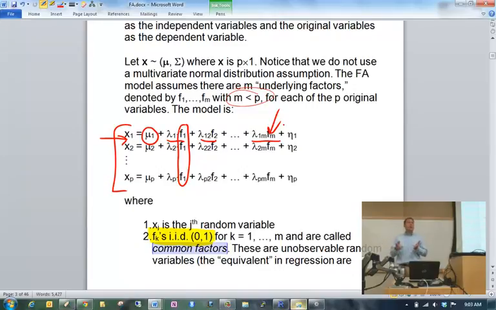Similar to how in principal component analysis, our goal was to hopefully find a need for just a few principal components. So essentially, let's say if m was equal to 2, that says we have 2 common factors. And what this is saying, too, is that our data can be represented in 2 dimensions, essentially, even though we might measure p different original variables represented by these x's.